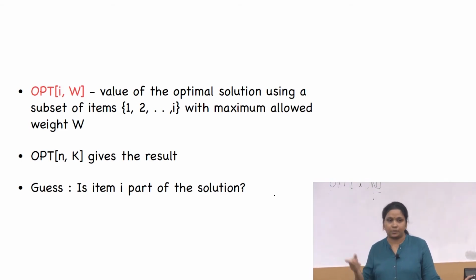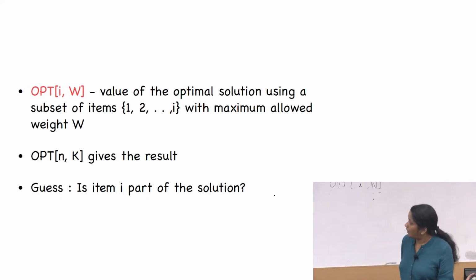These are two cases with respect to item I: whether the ith item is in the solution or not. What happens if it is not in the solution? Then the solution is opt of I minus 1 and W.